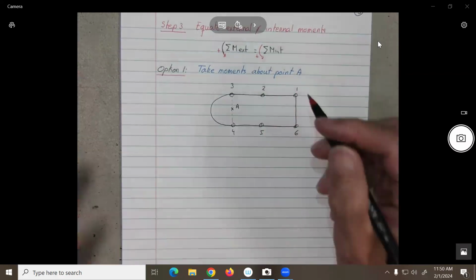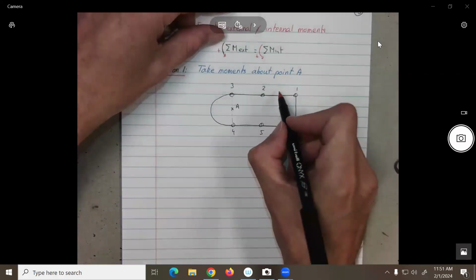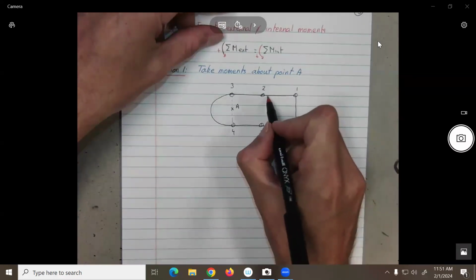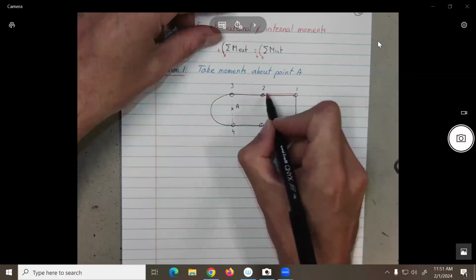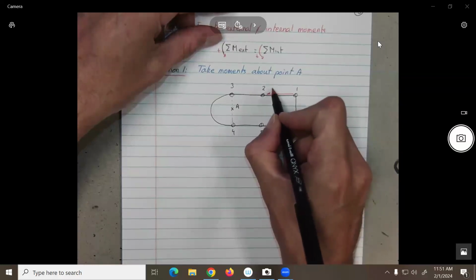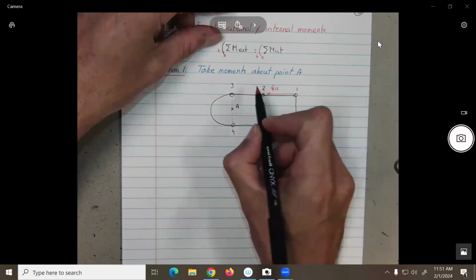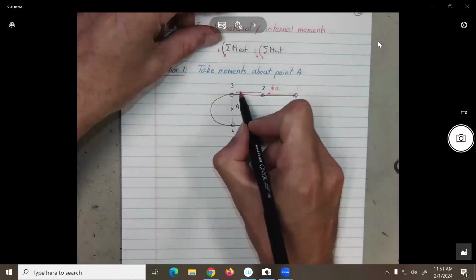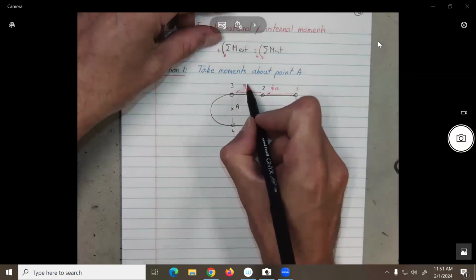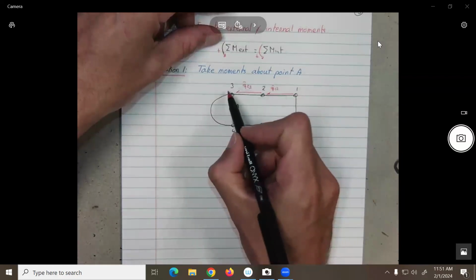I don't want to talk too much over here. So let's say we are over here. Q bar 1,2. Q bar 2,3.